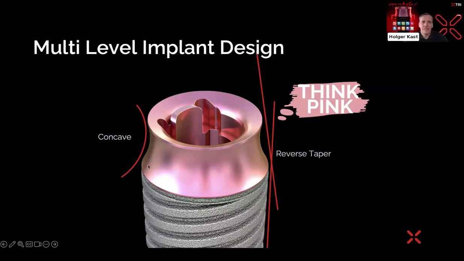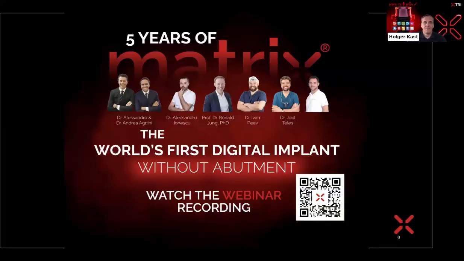You can also place it in a multi-level height, so you can place the implants at the perfect depth to create in the end a perfect emergence profile in a very aesthetic solution. So this is a multi-level implant with a concave design and the pink anodized surface, absolutely perfect for immediate workflows.